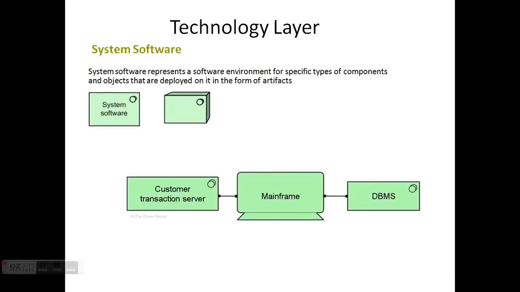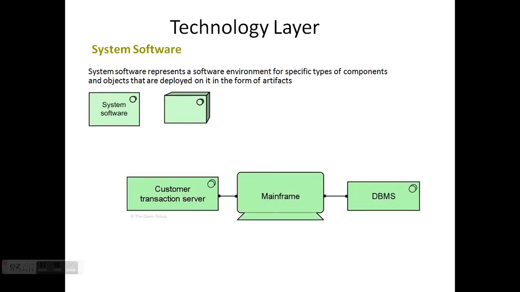And another entity in this layer is the system software, and sometimes it is also called firmware. System software or firmware is a specialization of a node that is used to model the software environment in which artifacts run.